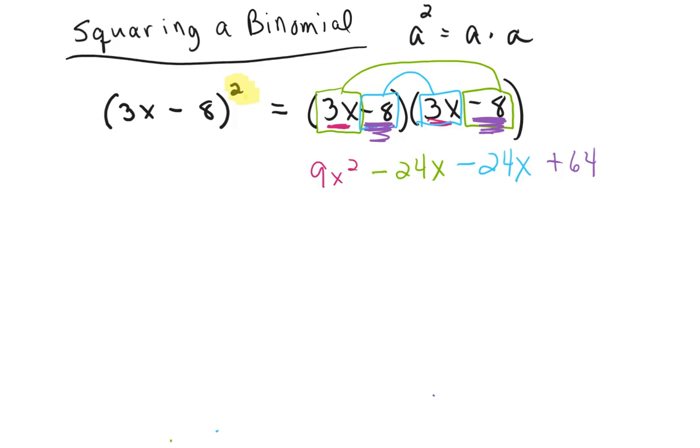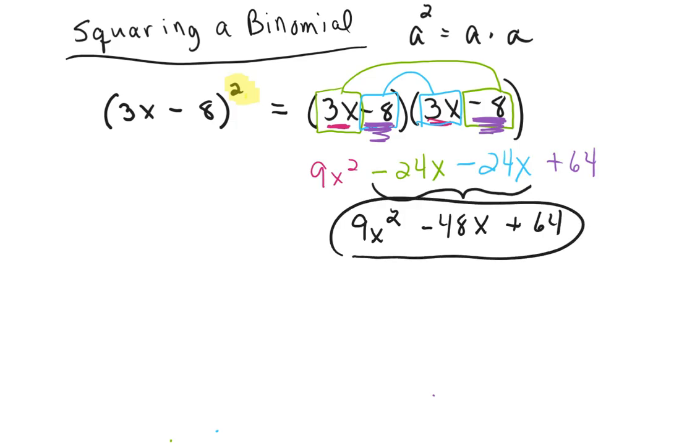The only difference is they're identical. They're both negative 24x. So it's kind of a special case because your outsides and insides end up being the same. And that would end up being a negative 48x. And then you still have the 9x squared as the first term, and the plus 64 is the last term.